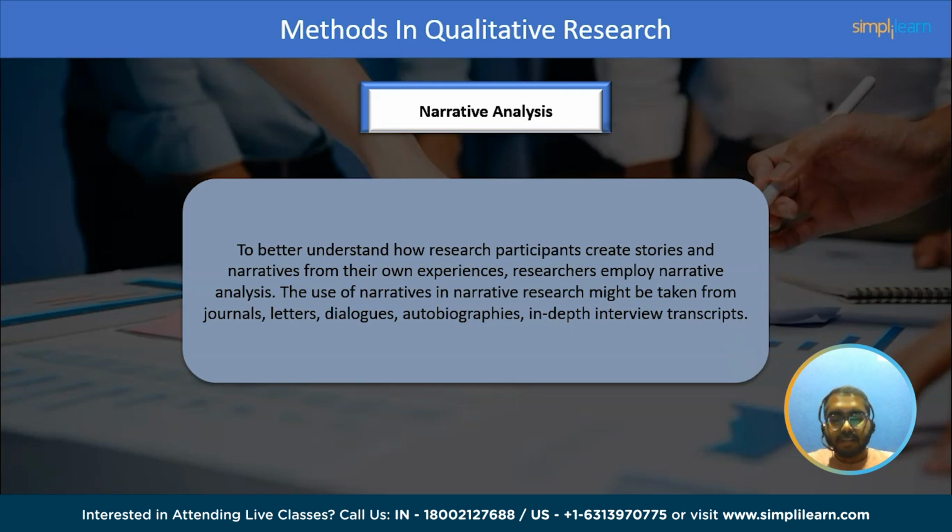The research subject first uses storytelling to analyze their own life. The researcher then analyzes how that narrative was put together. Now, the narratives in narrative research might be taken from journals, letters, dialogues, autobiographies, in-depth interviews, transcripts, focus group transcripts, and other various forms of narrative qualitative research.